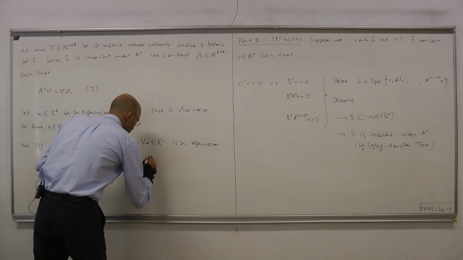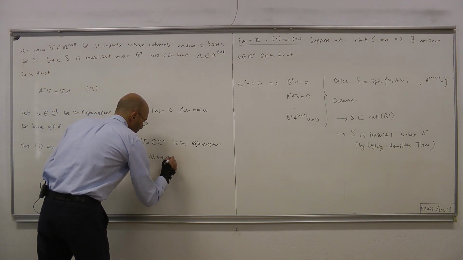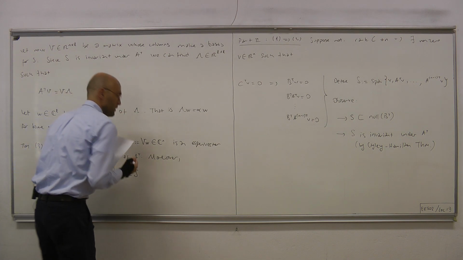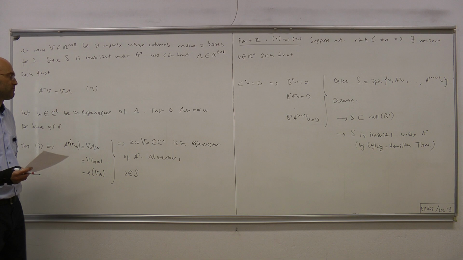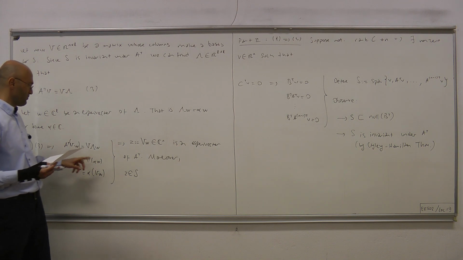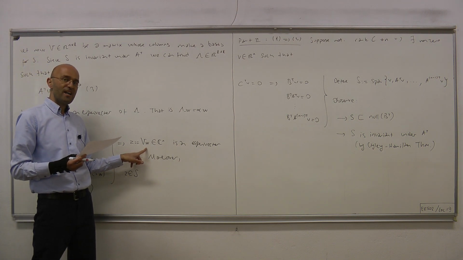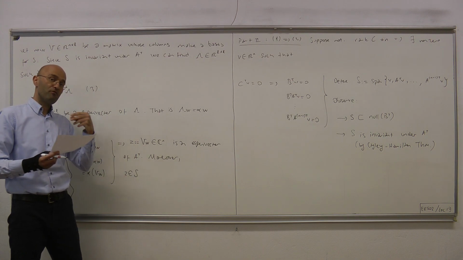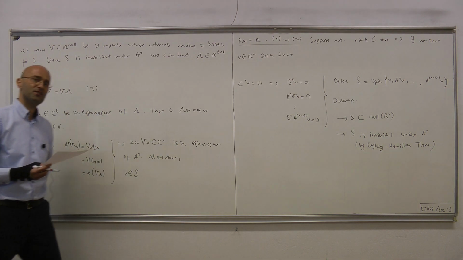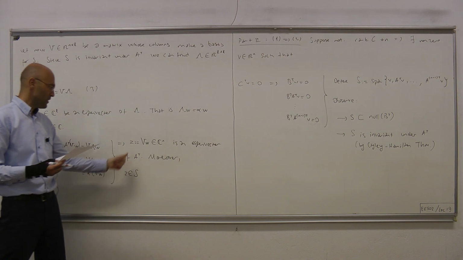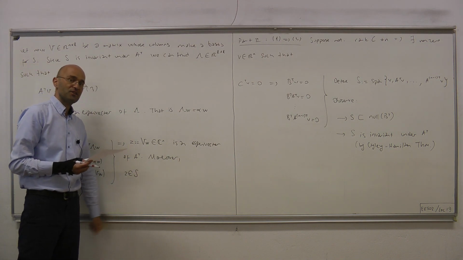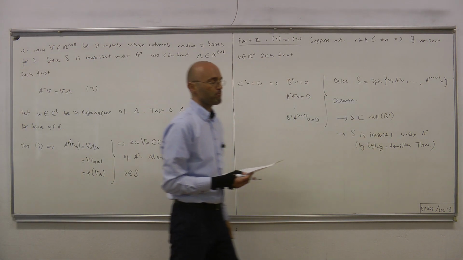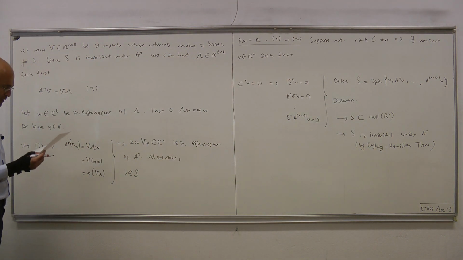Furthermore, Z belongs to the subspace S. Why is that? Because Z we can write as a linear combination of columns of V, and the columns of V span the subspace S. Therefore, Z must belong to that subspace S. Okay, subspace S is here.